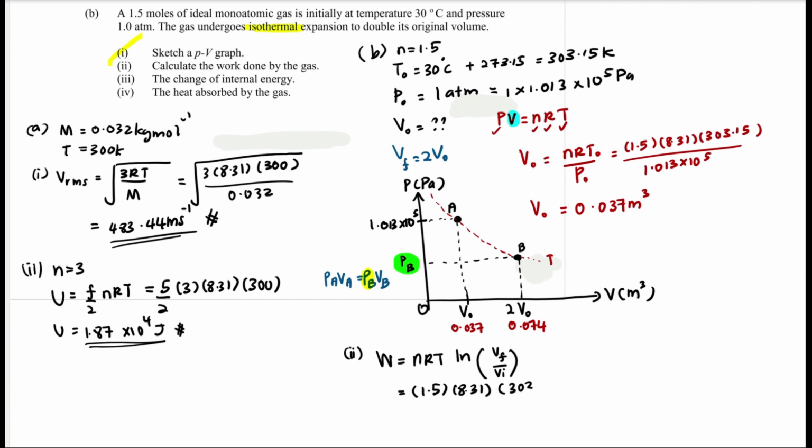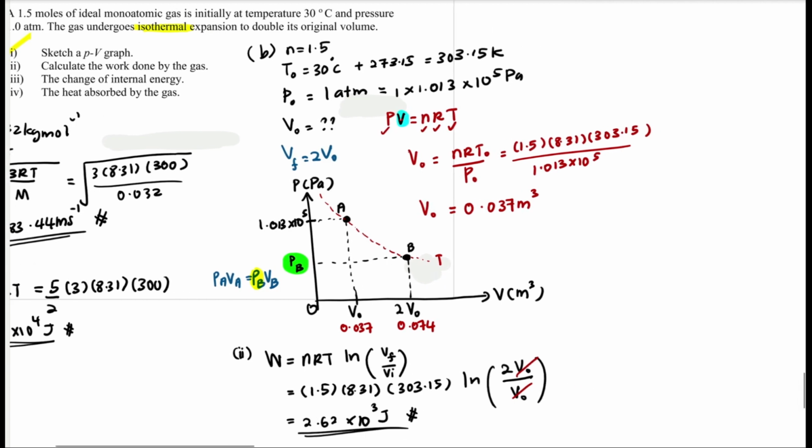T is 303.15, ln V final is 2V naught, and then V initial, which is V at point A, is V naught, right? So now you can cancel V naught. Okay, very easy. So the answer of W, make sure you write the correct unit. 2.62 exponent 3 joule. Okay, so this is the answer.